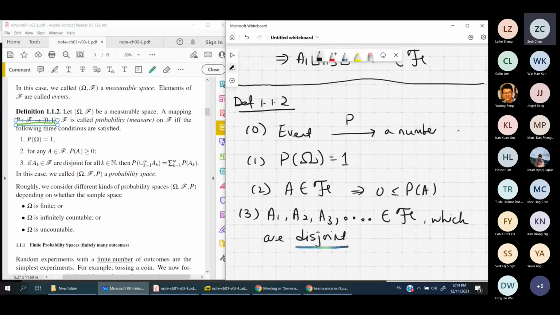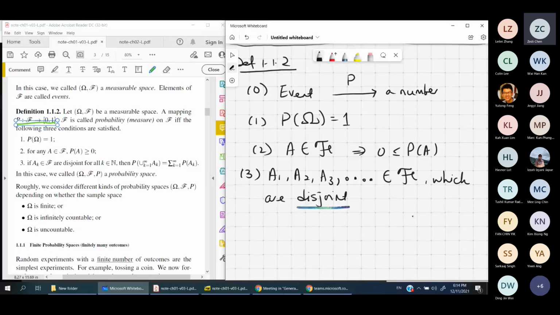When A1, A2, A3 are events which are disjoint, then the probability of the union of all these events must be equal to the summation of all of them, P of each.